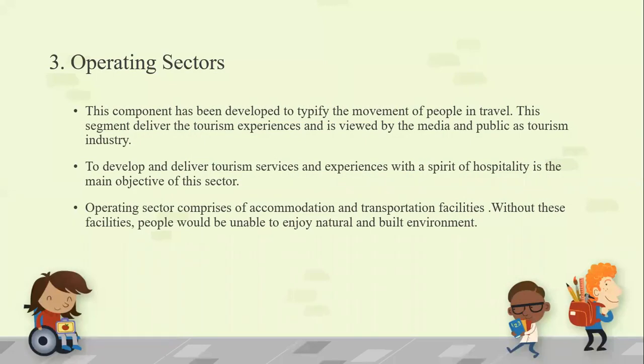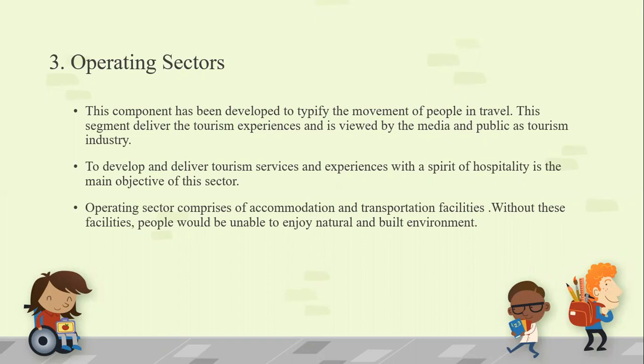So this component has been developed to typify the movement of people in travel. This segment delivers the tourism experiences and is viewed by the media and public as the tourism industry. So when we are talking about the tourism industry, the operating sector is one of the inseparable parts of this industry.